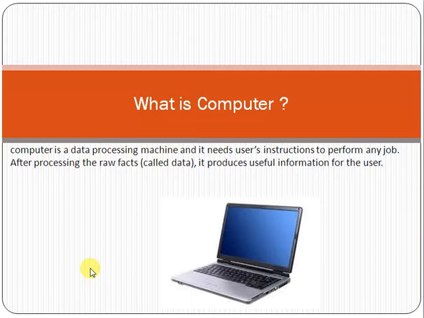So this is the output. If you look at the definition of a computer, the same applies to the computer as well. A computer takes input from us and after processing it gives you an output or result.